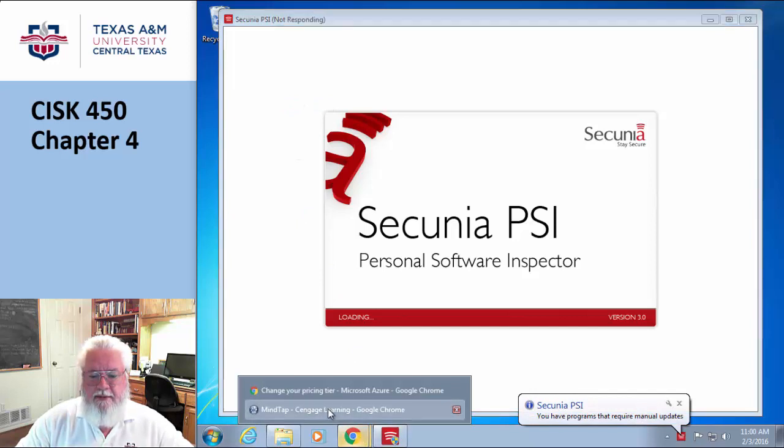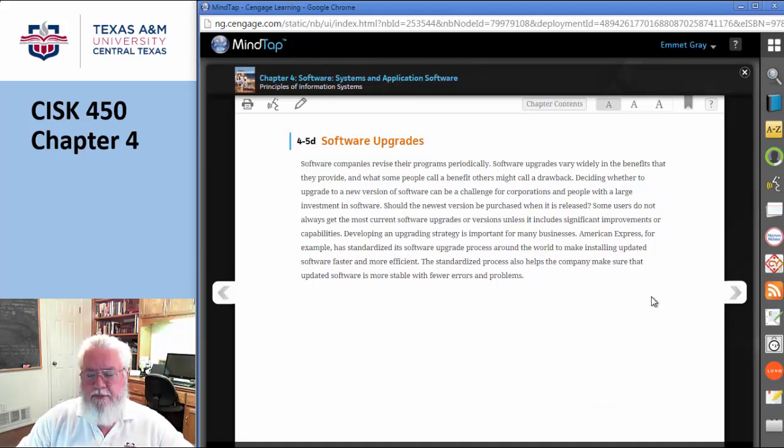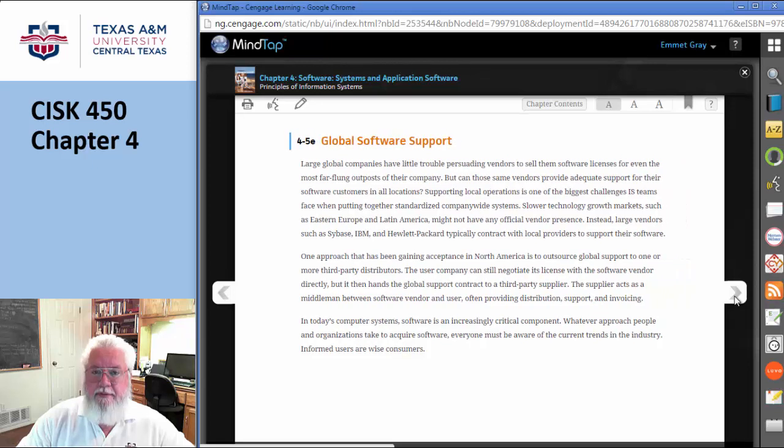Let me continue on. But the takeaway here is Microsoft Update is only going to do a portion of your machine. If there are other security issues out there, you're on your own. You probably need a third party. And there are lots of them out there. There's one called, I don't remember, this goofy thing. But there's lots of third-party software that can help you do that.